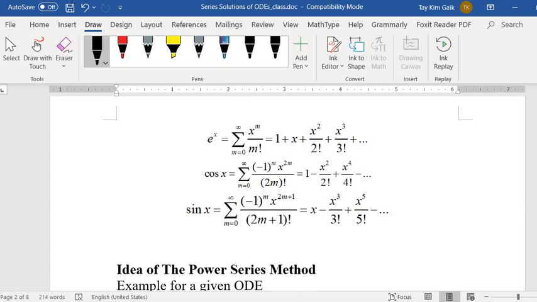So this one is sin t. When you expand here, it's t minus t cubed over 3 factorial plus t power 5 over 5 factorial.